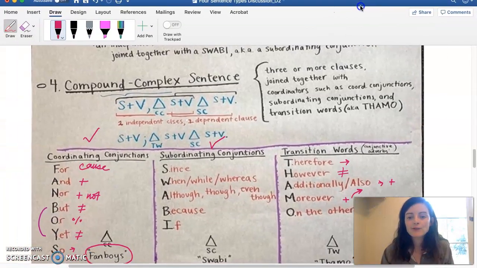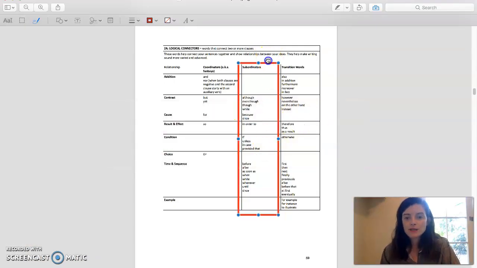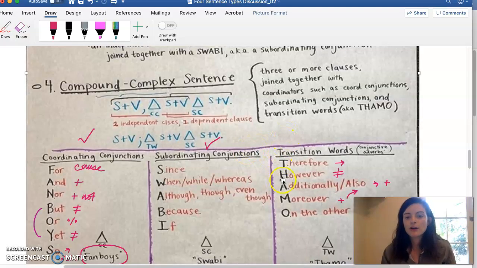Okay. Again, if you decide you wanted to look into our book, you can see on page 59, we've got our commonly used transition words here. You can stop and pause it if you want to study and look at the other ones, but our most common ones are therefore, however, additionally, and also. What is the structure?